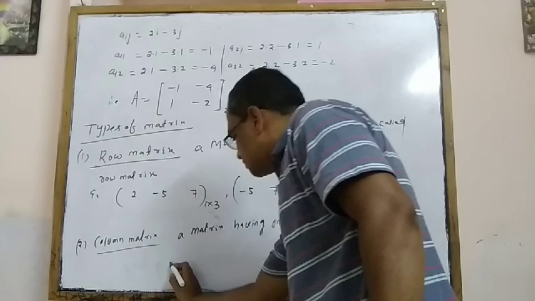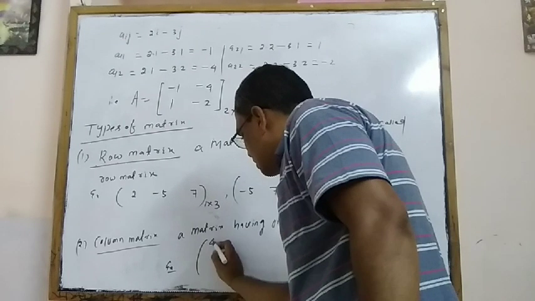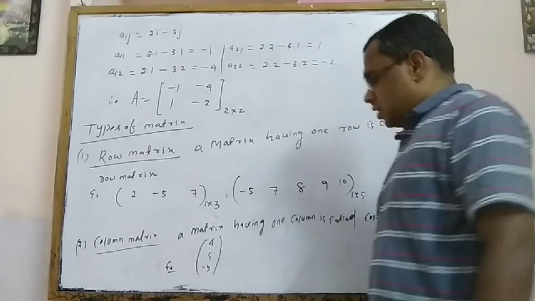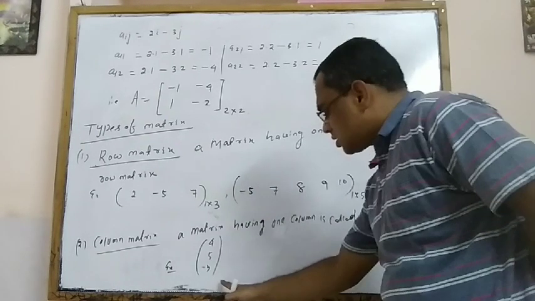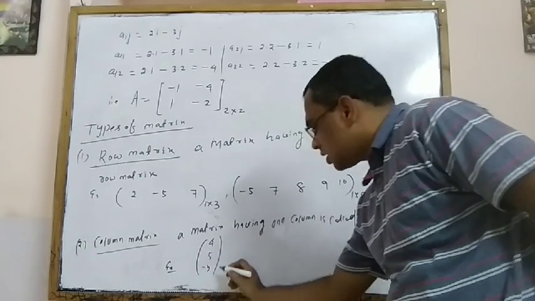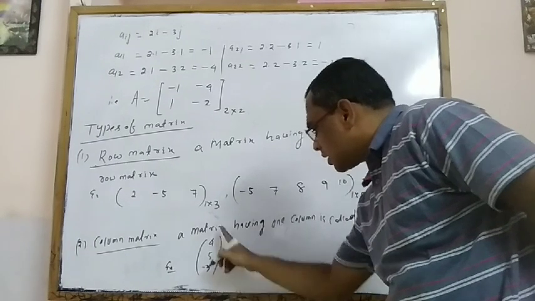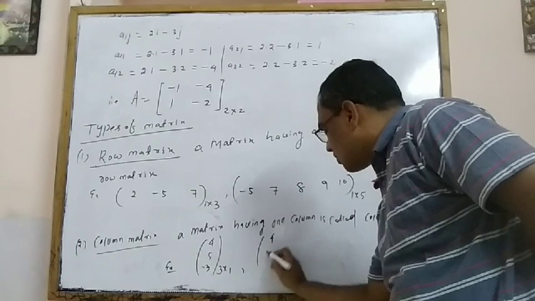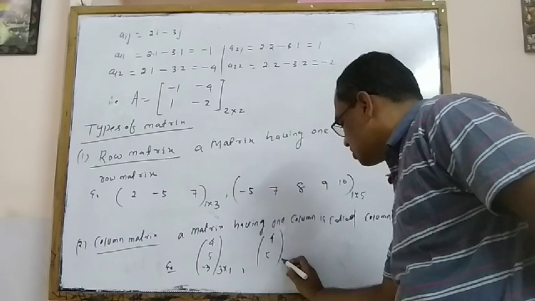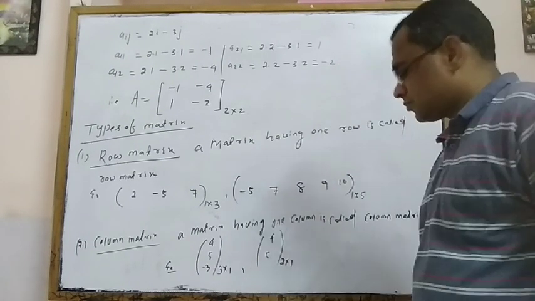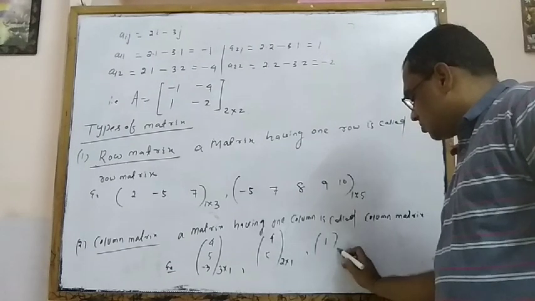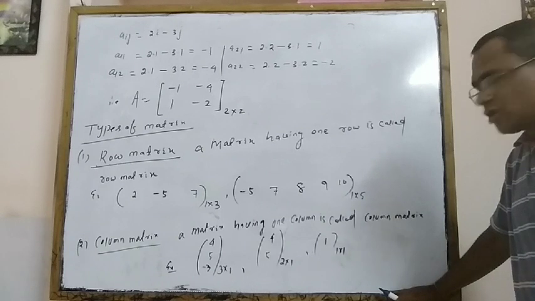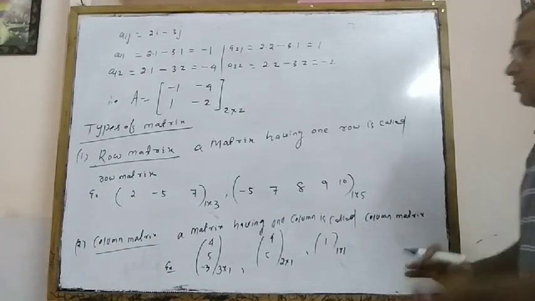For example, 4, 5, minus 3. It is a column matrix because only one column is there but 3 rows. Its order is 3 cross 1. Or with 4, 5, its order is 2 cross 1. So a matrix having only one column is called a column matrix.